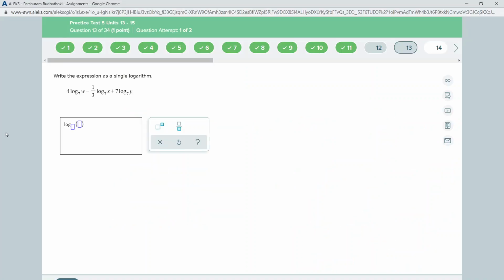So that is our final expression, log base 7 of y to the power 7 w to the power 4 on the top, and on the bottom part it's x to the power 1/3. Okay, that's good.